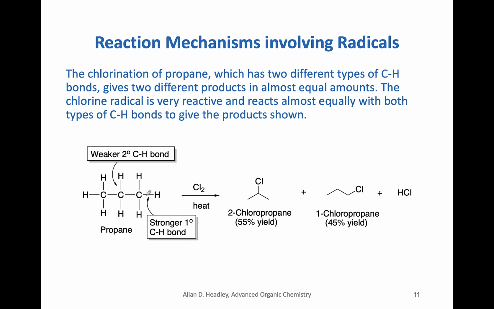This bond is stronger because the radical that's generated, the primary radical, is less stable. So that is why we have a mixture here, because the chlorine radical that's generated in the initiation step is not very selective. It will react with this hydrogen or one of these. So it's almost 50-50.